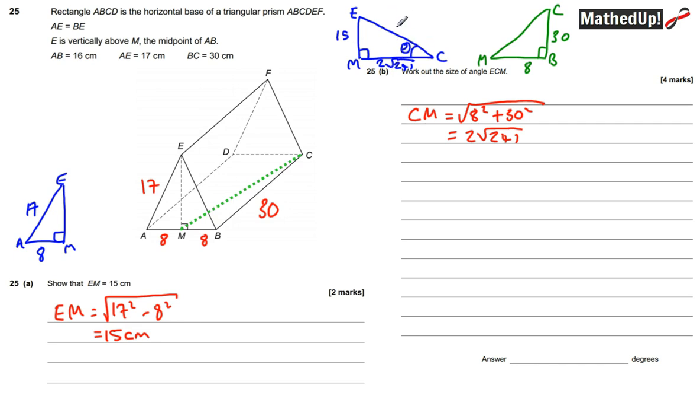So to work out what this angle here is, I'm going to use tan. I know that tan theta is going to be equal to the opposite side divided by the adjacent side. So that's going to be 15 divided by 2 root 241.